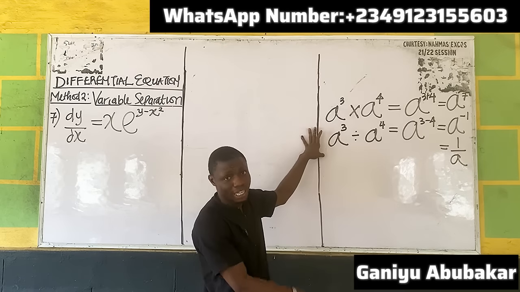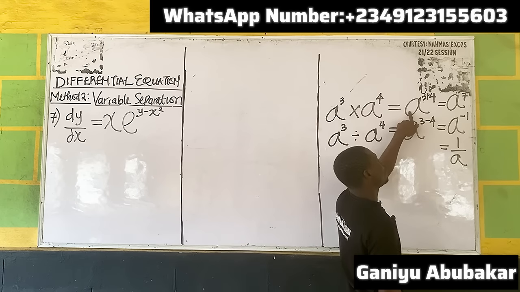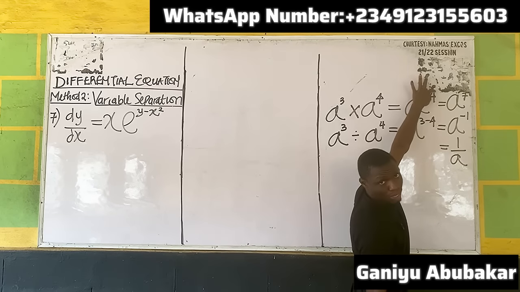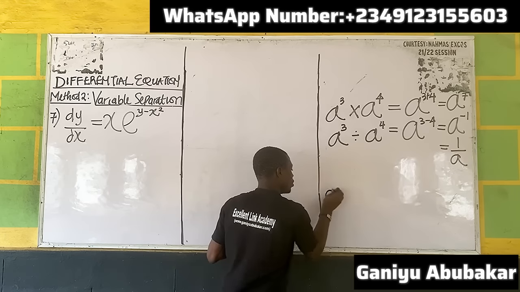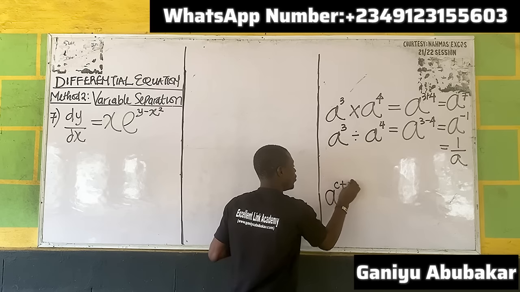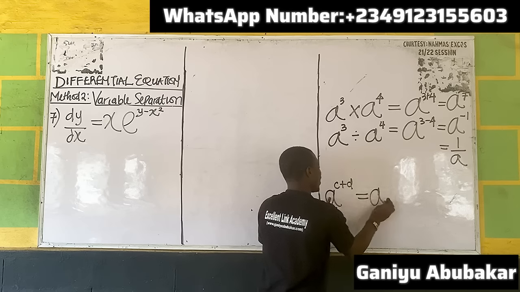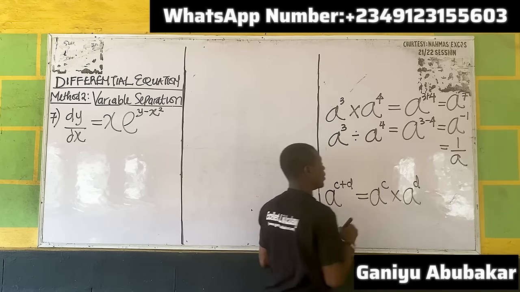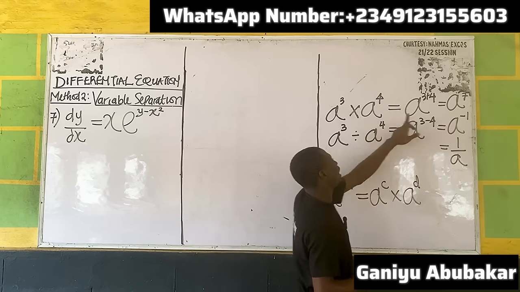Here is what I'm trying to bring out. If I have a to the power of c plus d, this can be broken down as a to the power of c times a to the power of d. Observe, a to the power of 3 times a to the power of 4.